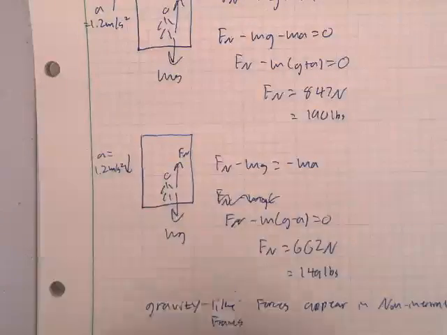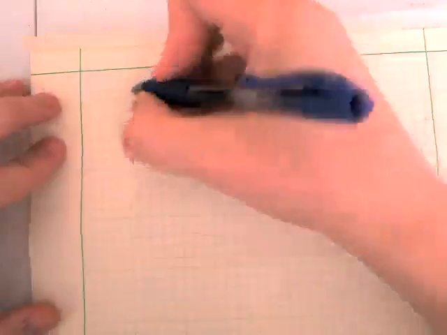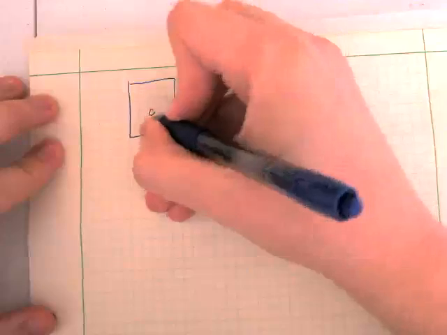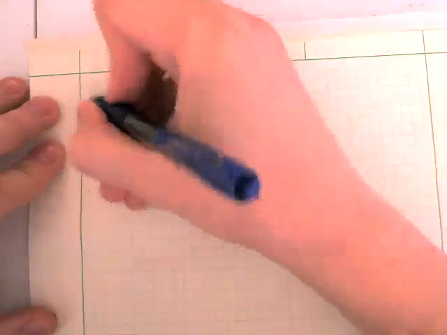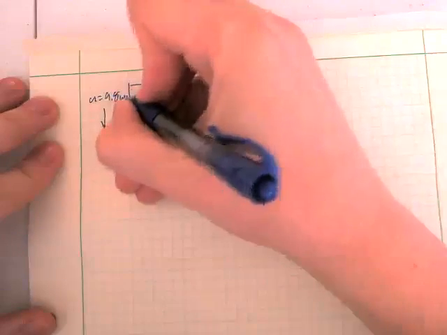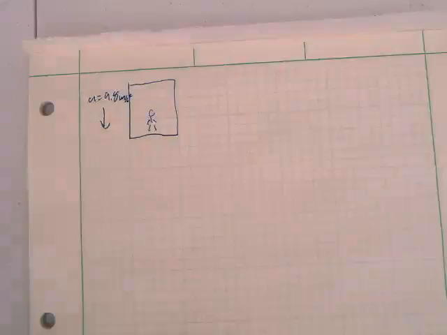Let's look at another, more extreme example of this phenomenon. Let's say you're in your elevator, and something terrible happens. So we're in this elevator, and now, heaven forbid, you find yourself accelerating down with an acceleration of 9.8 meters per second squared.